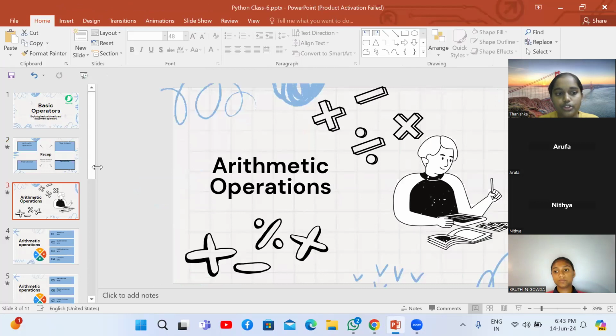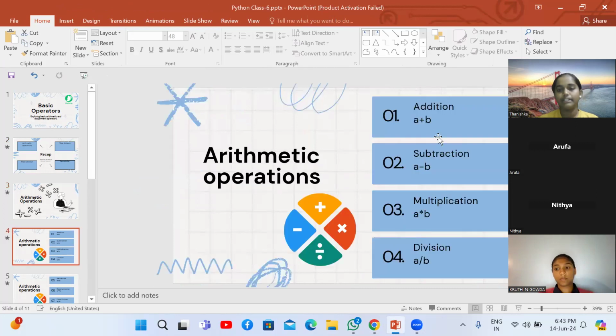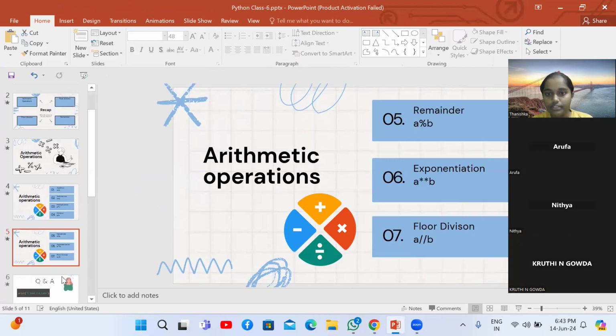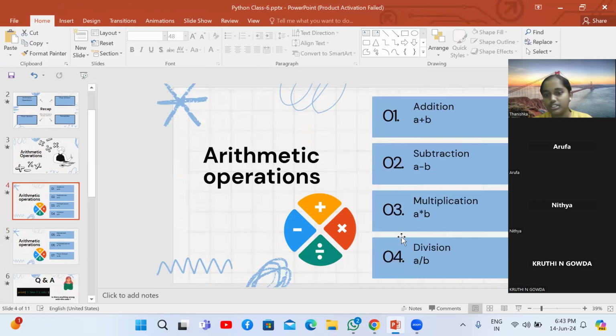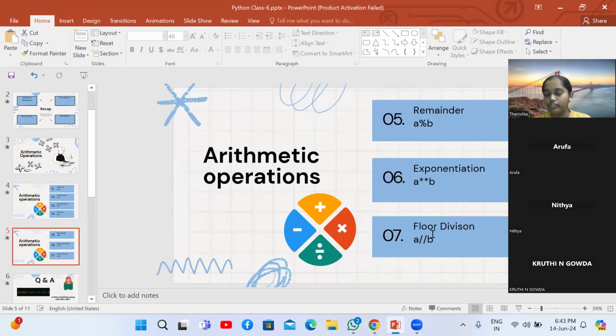So today also we'll be learning about the arithmetic operations. Here we have addition, subtraction, multiplication, division, and then remainder, exponentiation, and floor division. So this one is floor division and this is floor division.